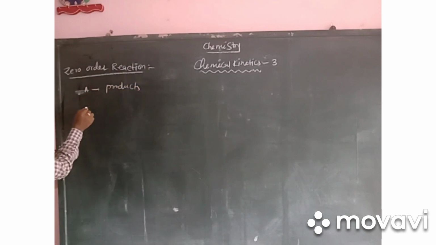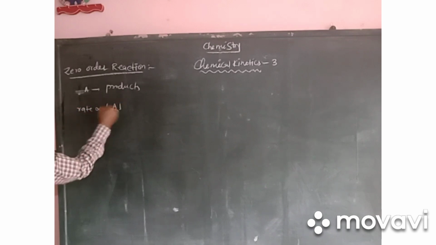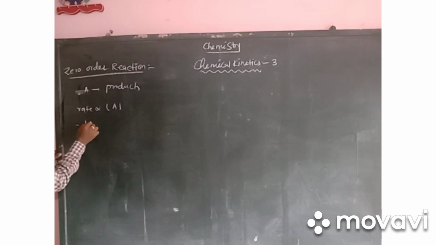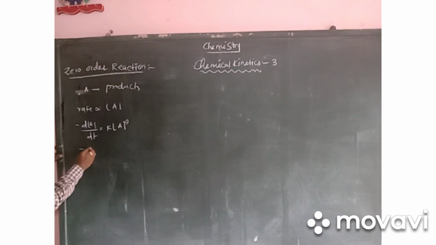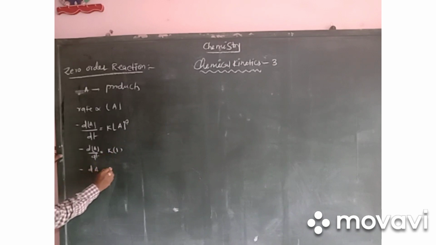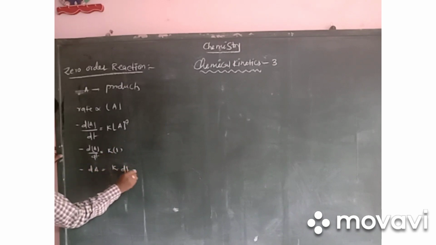For this, the rate is directly proportional to the concentration of A. So minus dA by dt, the change in concentration of reactant with respect to time, is equal to k into A to the power of 0. Why? Because this is a zero order reaction. So minus dA is equal to k into dt.